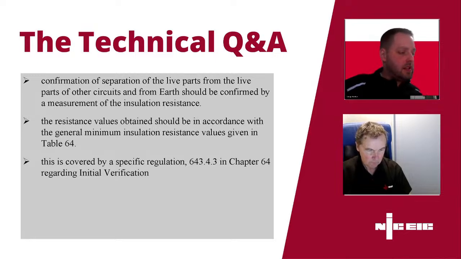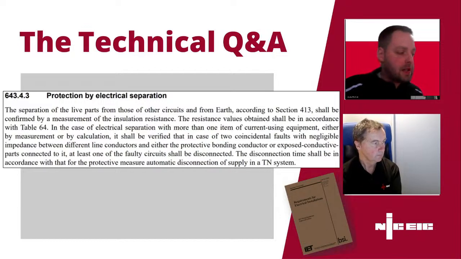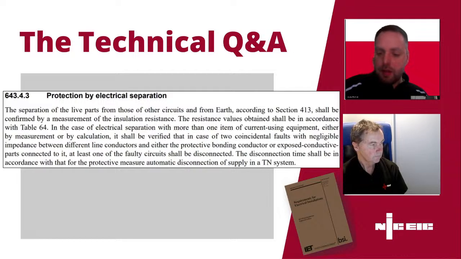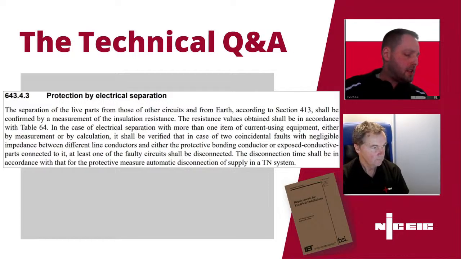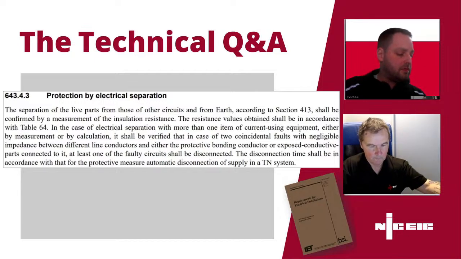But it would be an insulation resistance test. The minimum values as per Table 64 would apply for the voltage band. And it specifically tells you in regulation 643.4.3, which basically says just that, confirmation of separation of the live parts.